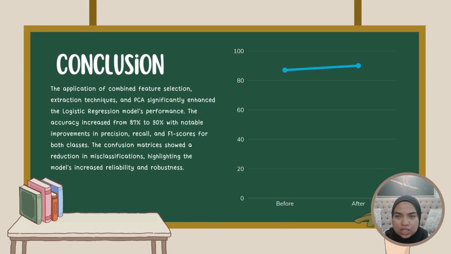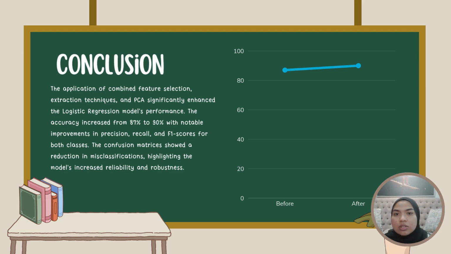In conclusion, the application of combined feature selection, extraction techniques, and PCA significantly enhanced the logistic regression model's performance. The accuracy increased from 87% to 90%, with a notable improvement in precision, recall, and F1 scores for both classes.